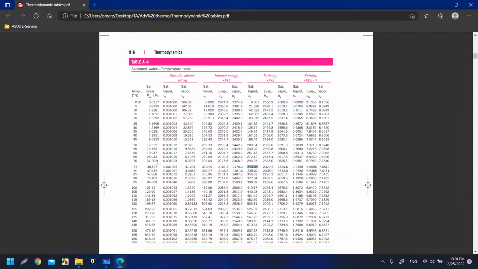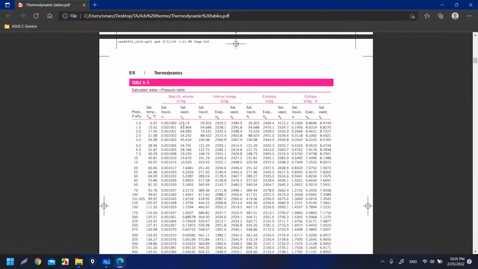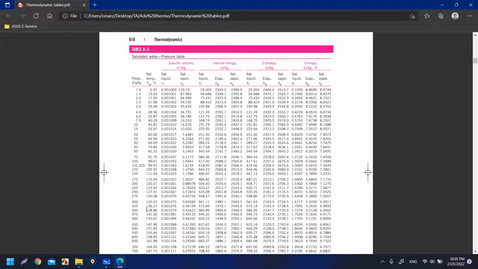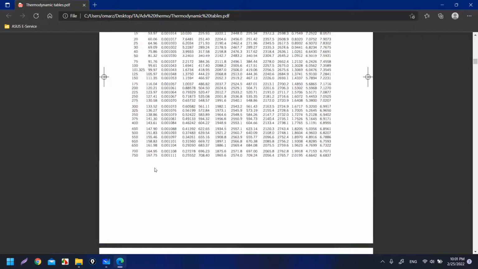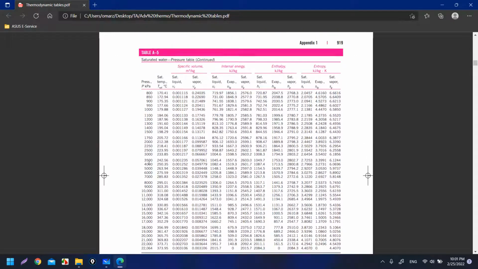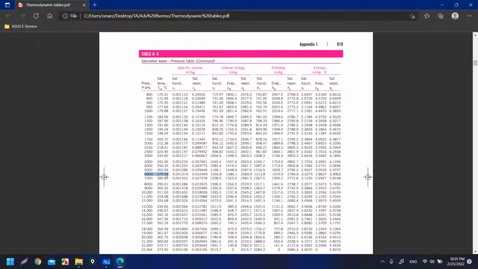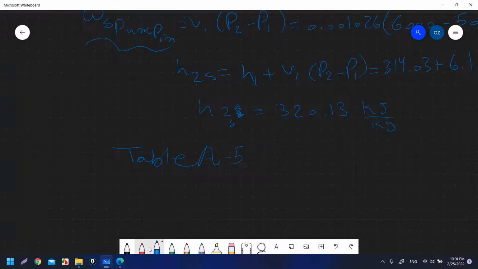So let's check from table A5. I will go to the table A5. The pressure P3 equals P2 because I want to find H3. So I will use pressure P3, the boiler pressure, 6,000 kilopascal. So here my temperature T3 is 450 degrees Celsius. It's higher than the saturation temperature, so we are in a superheated region. So it is a superheated state.